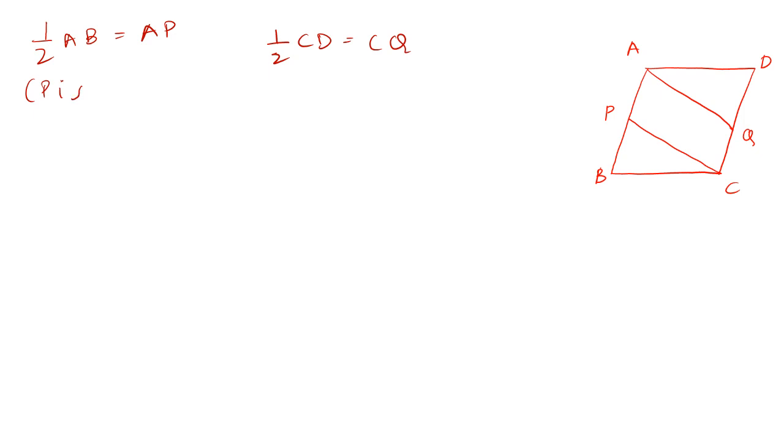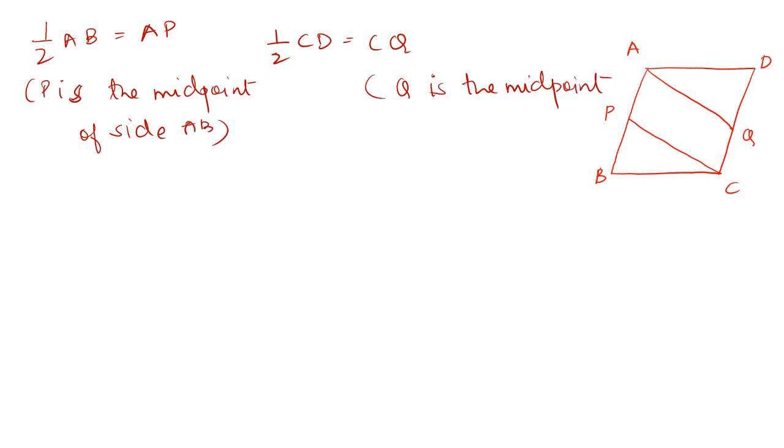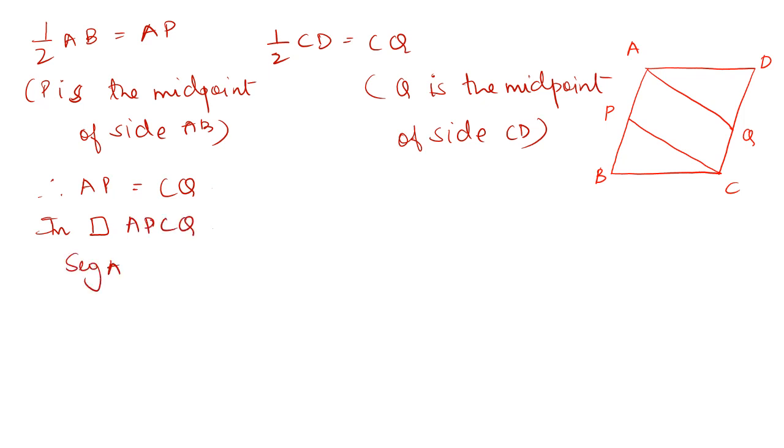Here it would be because P is the midpoint of side AB, and here the reason would be Q is the midpoint of side CD. So therefore we can say that AP is equal to CQ. Correct? So now we have already proved that in the quadrilateral APCQ, segment AP is parallel to segment CQ.